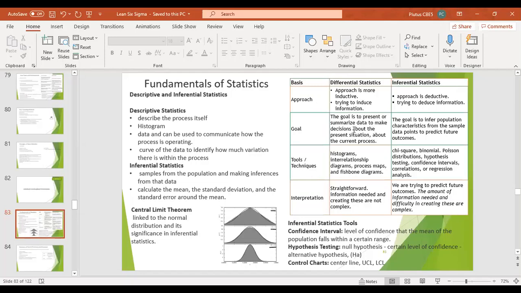The goal of descriptive is to summarize the data to make a decision about the present situation. Descriptive statistics will not give any detailed analysis, but it gives what is there as of now. For inferential, the goal is to infer the population characteristics. For example, I have a population. From the population, I'll take some sample.